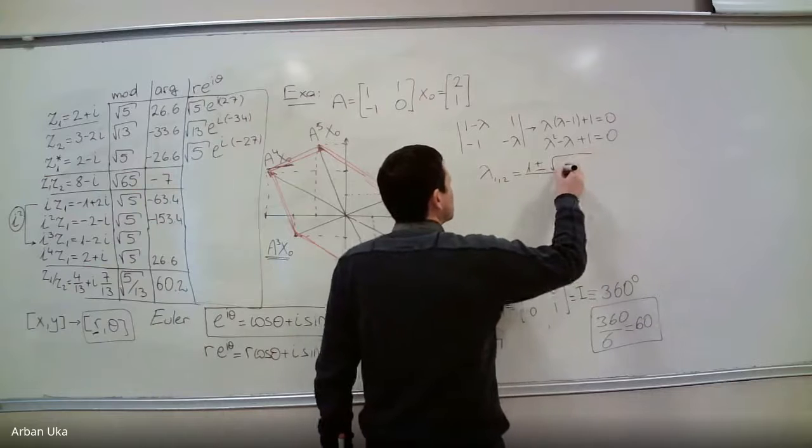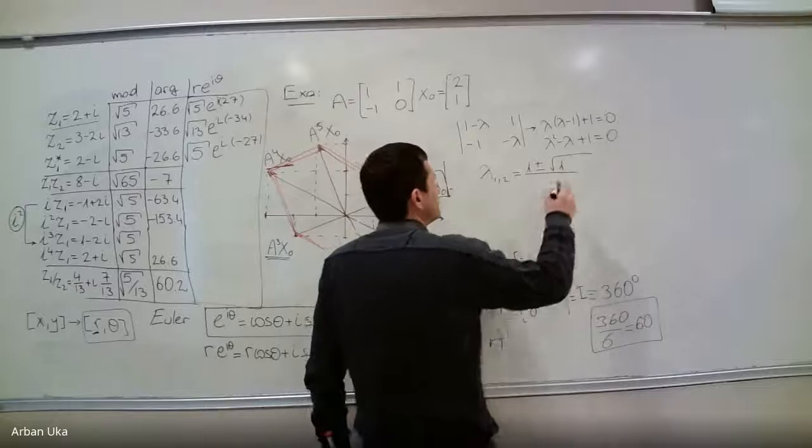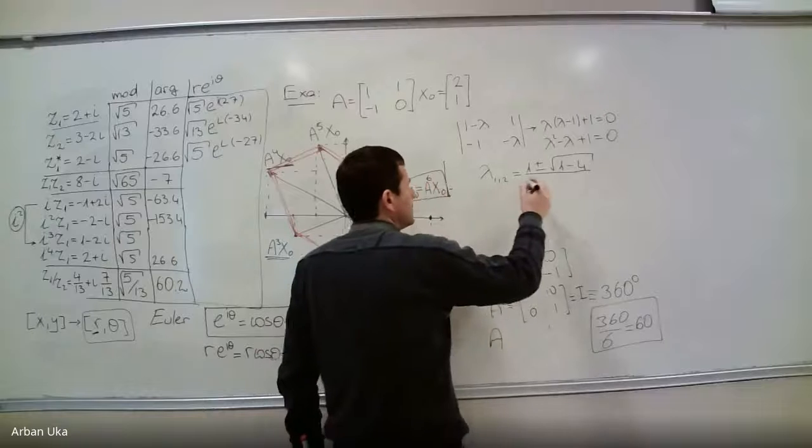Lambda is going to be minus b plus or minus the square root of b squared minus 4ac, so minus 4, 1, 1, divided by 2a, so 2.